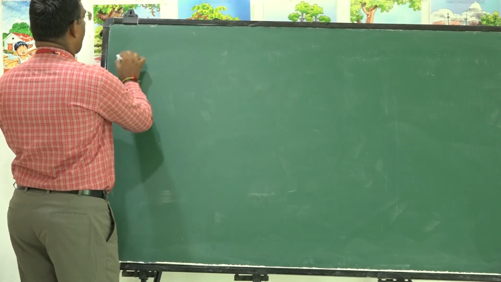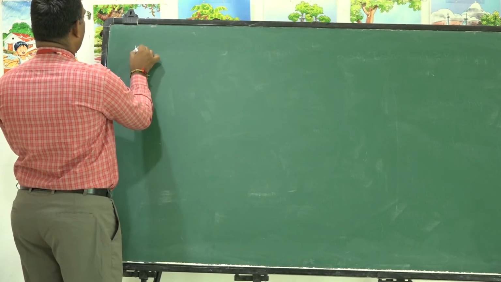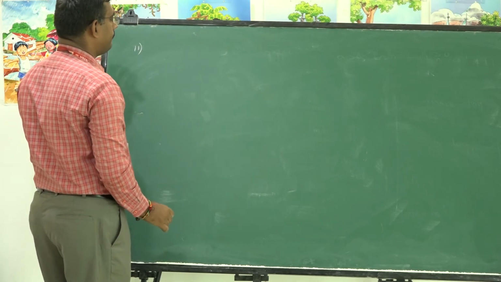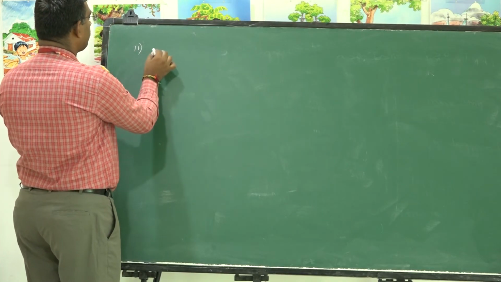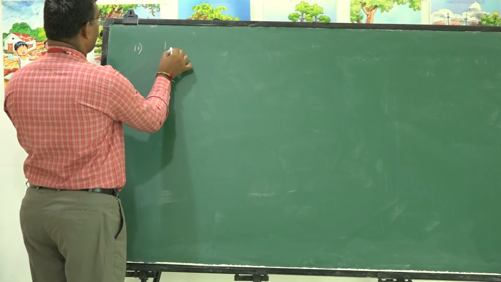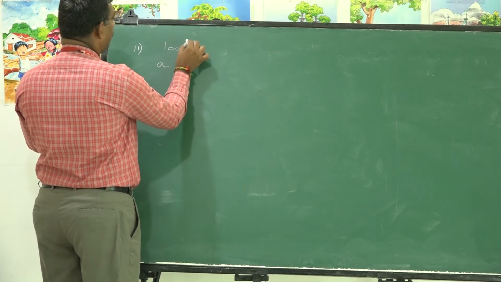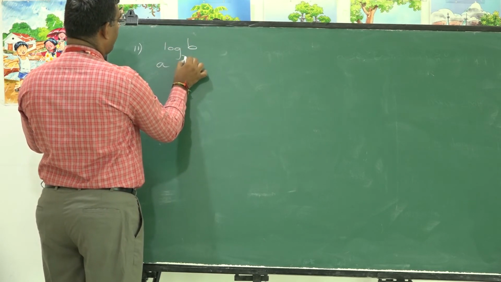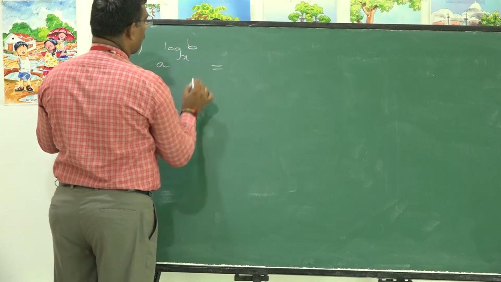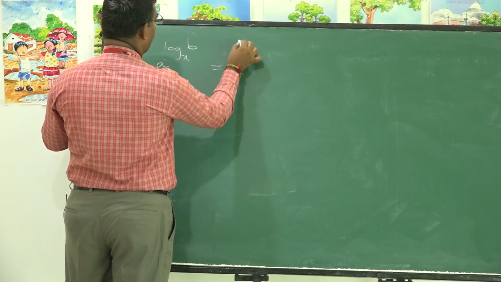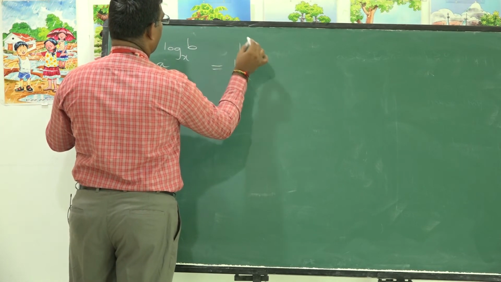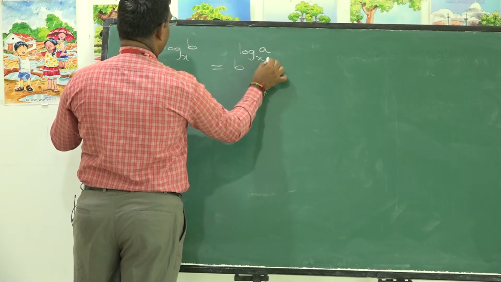Next, property number 11. A power log b base x is equal to b power log a base x.